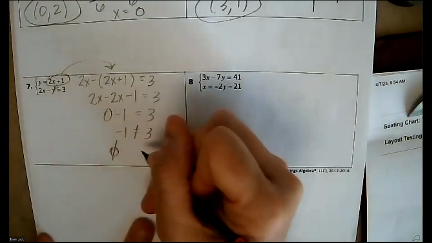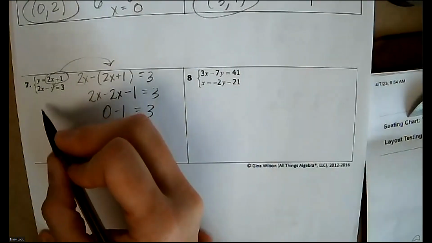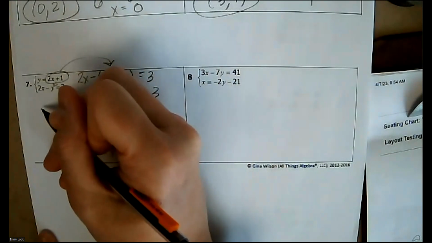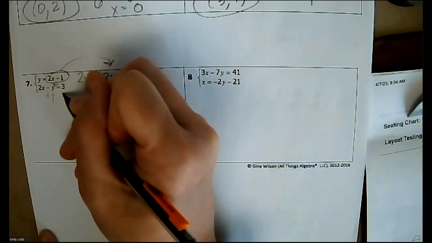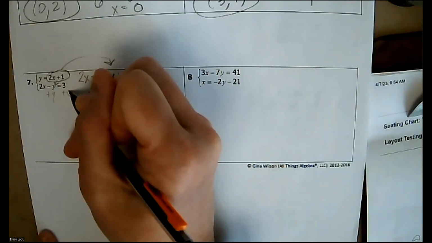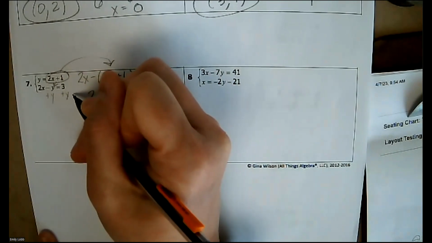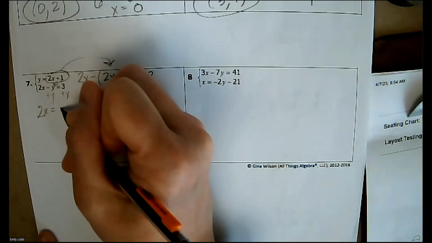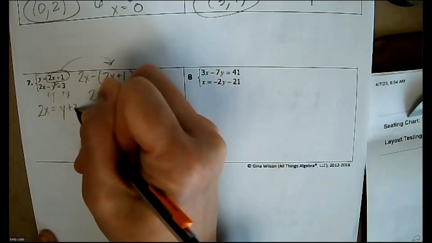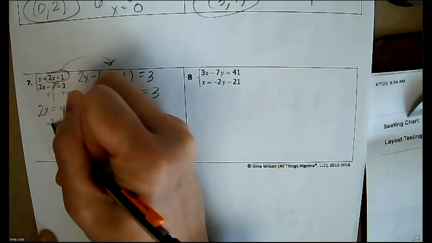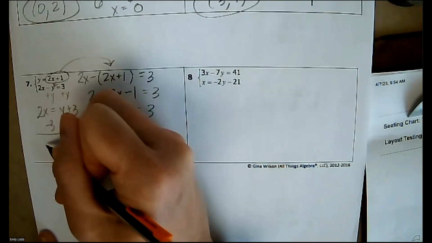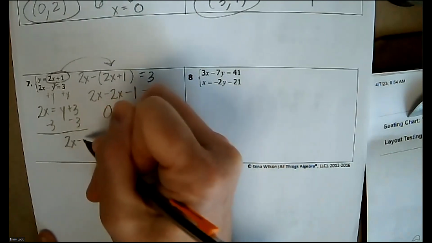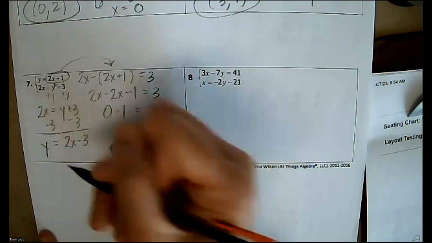So no solution, because notice if we rearrange this, so we add y to both sides, and we've got 2x is equal to y plus 3, subtract 3, subtract 3. When we solve for y, we end up with 2x minus 3.